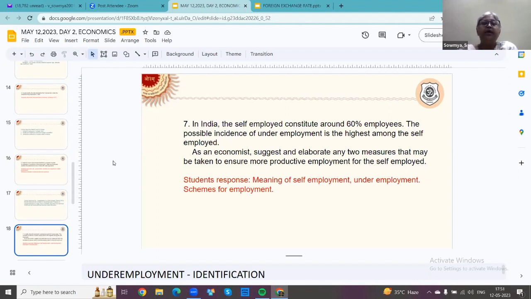Because of no money, no profit, they slowly give it up. So that should be prevented. They're already self-employed, so let them do that well. The government can give monetary support, loans or financial help. That's one. Then any other suggestion? What else should a child write?